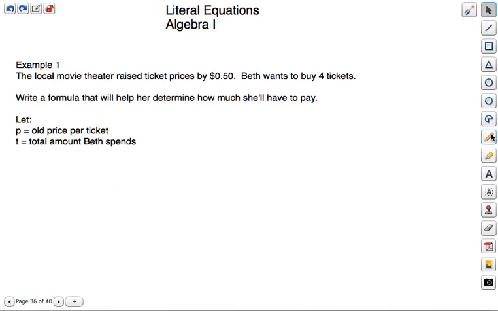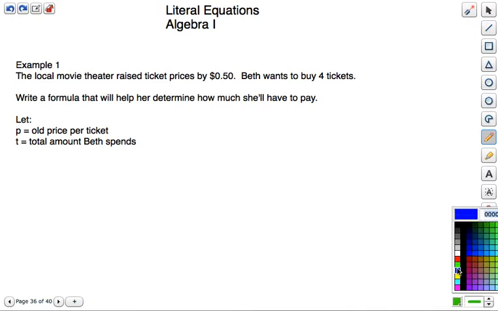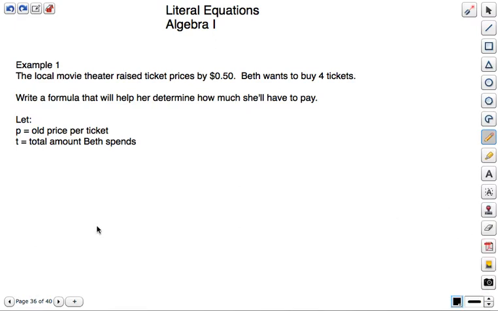Okay, so we can first start with putting our equal sign, because we know that a formula is going to have the equal sign in it. So I'll start with that. And we know that our T is going to be our total, so our total is going to be all of this together.